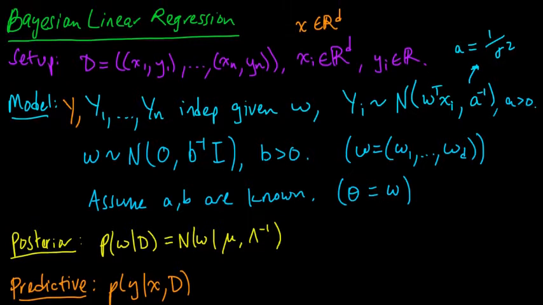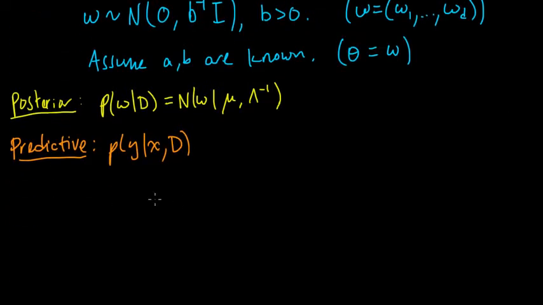Okay, so let's compute this thing. Before we get started, let me say that usually when people compute this distribution, and the posterior sometimes, they use a general result for what are called linear Gaussian models. But rather, I wanted to make these videos self-contained, so I wanted to compute this directly without referring to some more general result.